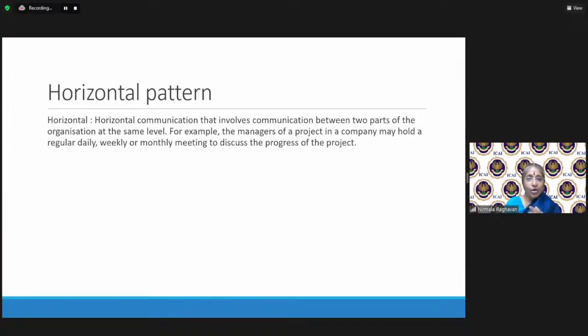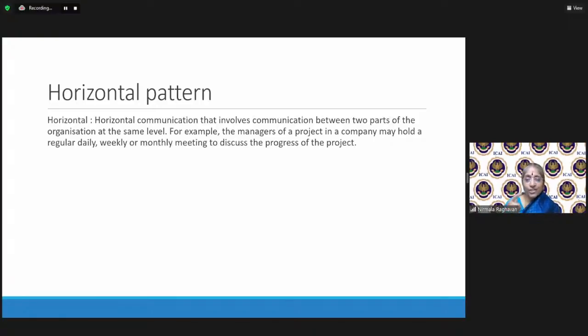I repeat, horizontal pattern is communication between two people of the same hierarchy or the same position belonging to the same organization. They are part of the organization but holding different positions of the same kind in different departments.